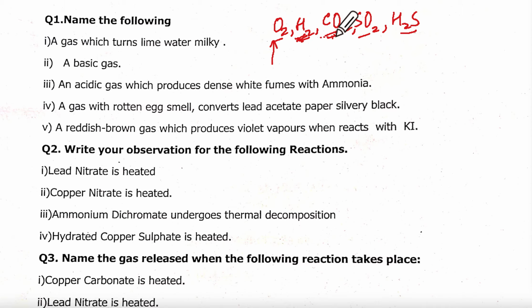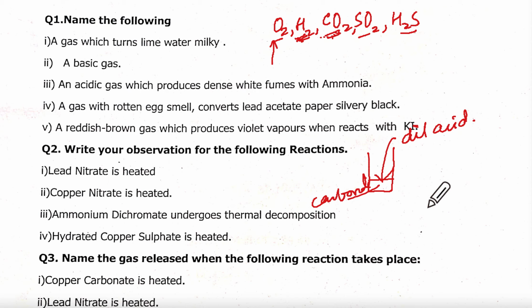Now, when I say brisk effervescence, it is when I take a carbonate, listen very carefully, and I will add a dilute acid. Understanding? So let us take CaCO3 to understand, and I'll take dilute HCl. What will I get? Tell fast in the reaction.